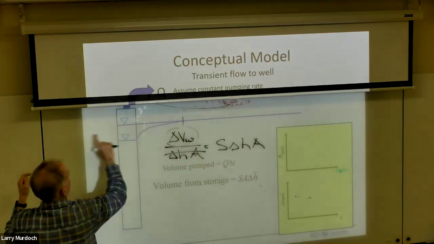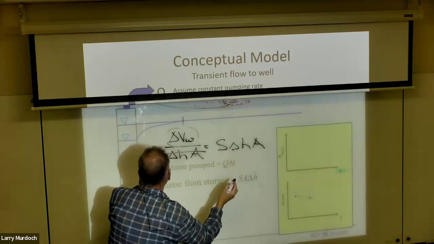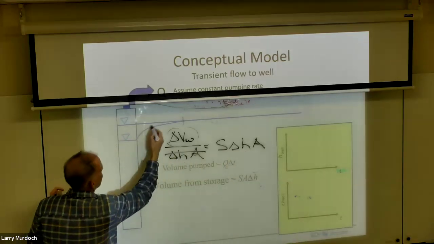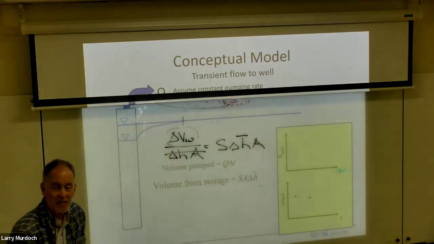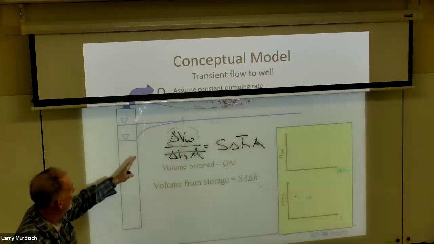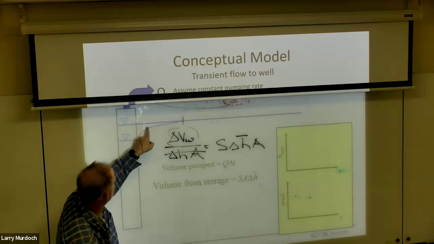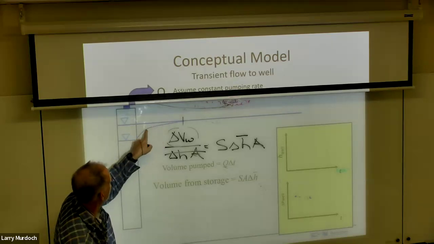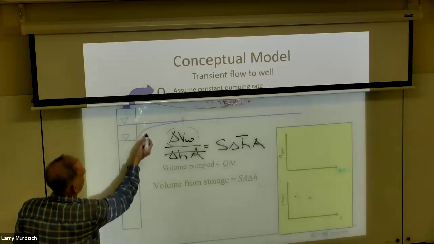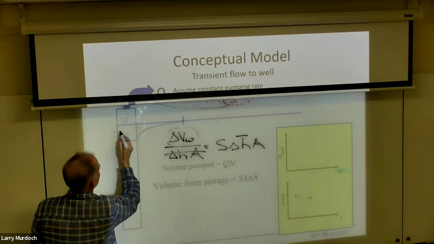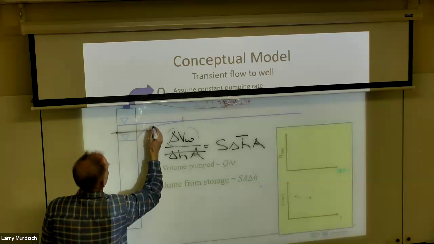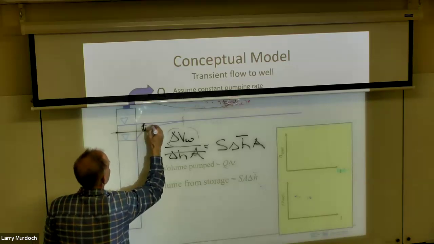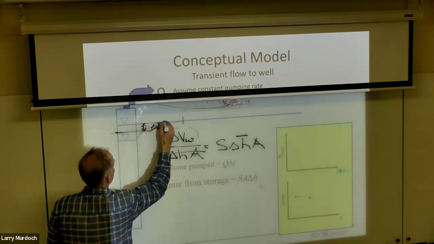This area here, and times delta H. The way to think about that in this context is that this would be like the average change in the hydraulic head. The hydraulic head is dropping, and the head drop, the drawdown, is different at different places, but the average would be something like that. So that's like delta H bar.